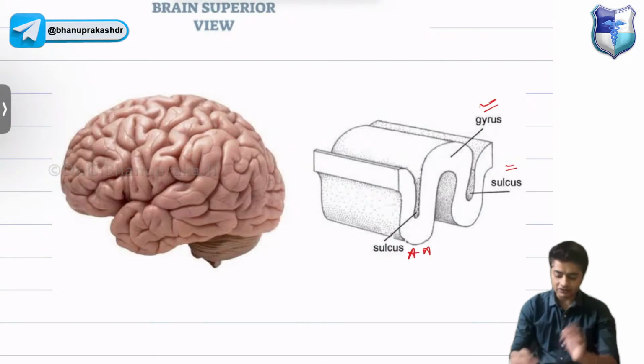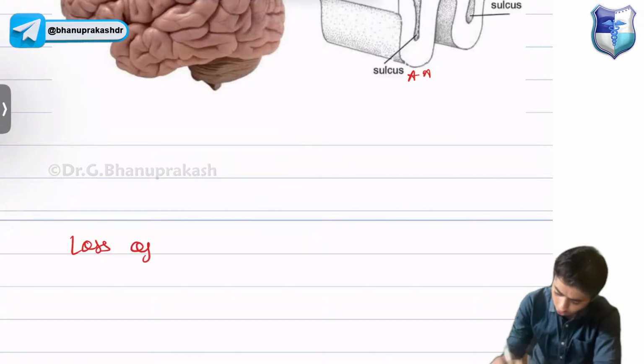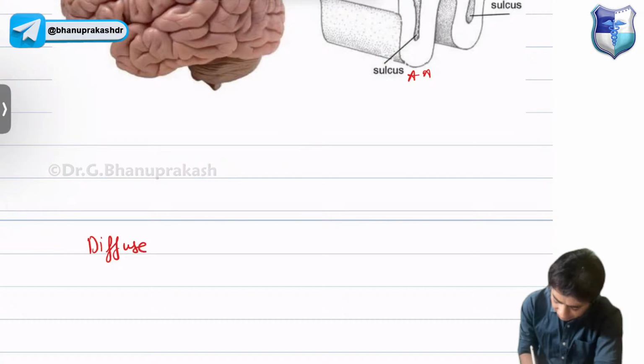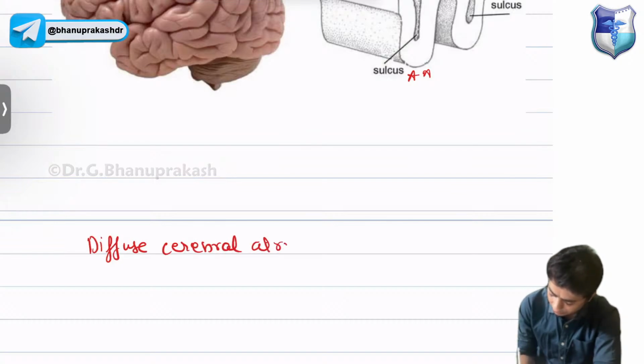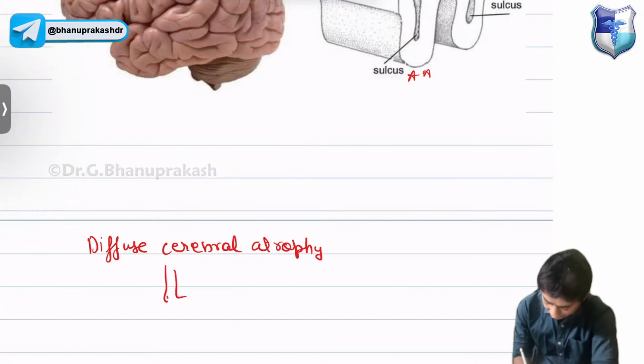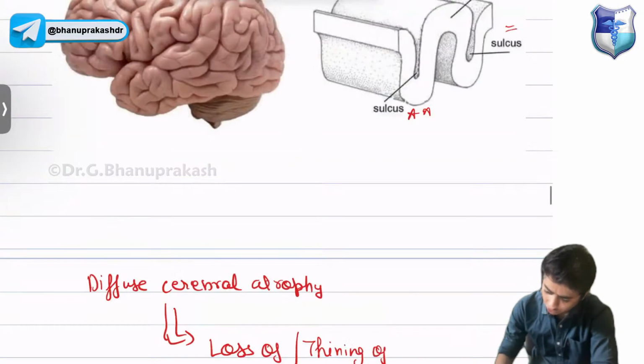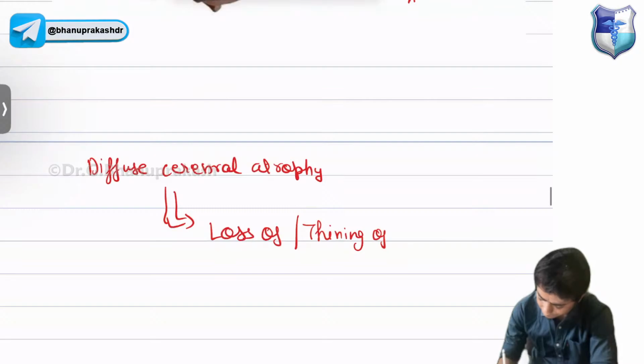Now tell me, if there is diffuse cerebral atrophy, what does it mean? It means there is loss or thinning of gyrus.